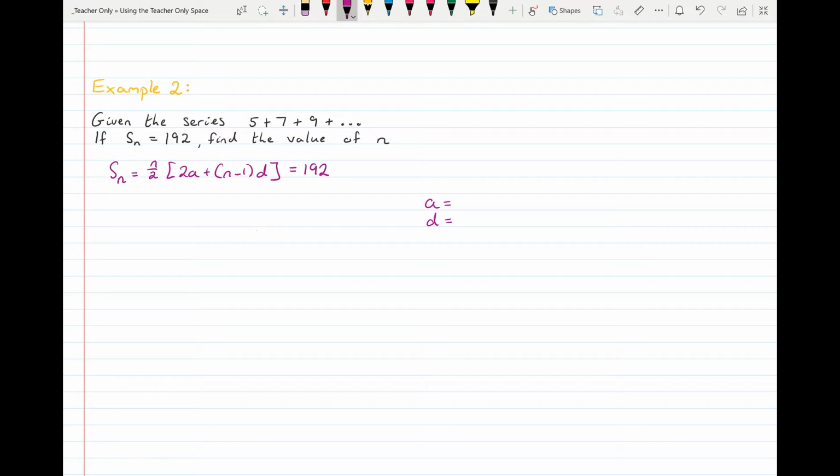Using the information we're told in the sequence, A, the first term, is going to be 5, and D, the difference, is going to be 2. And now we'll fill in what we know, and we're going to then solve for n. So we do not know n, so it stays as n, but we can replace A with 5, and we can replace D with 2. And then that is all going to be equal to 192.